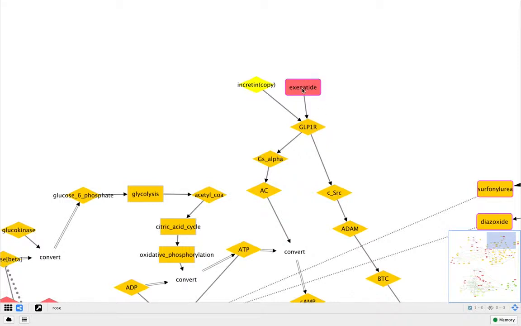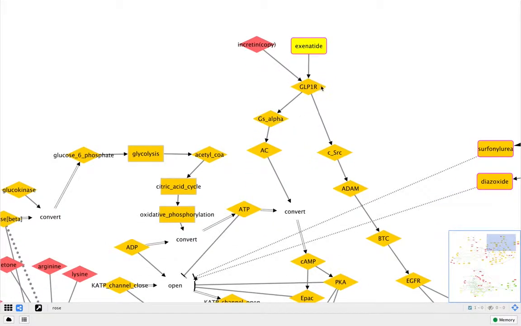Also exenatide, which is a GLP-1 receptor agonist or GLP-1 analog, is actually used as a drug for diabetes mellitus.